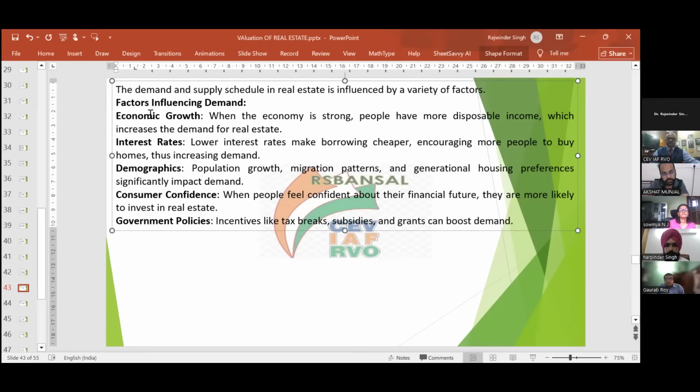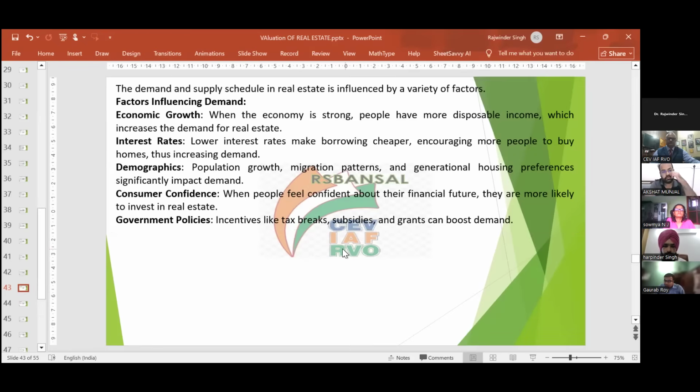If the population is growing or people are migrating from other areas, or generational housing preferences change, it will affect the value of the property. Then consumer confidence: if consumers are feeling confident about their financial futures, they are more likely to invest in real estate. And then government policies such as tax rates, subsidies, and grants can improve demand.